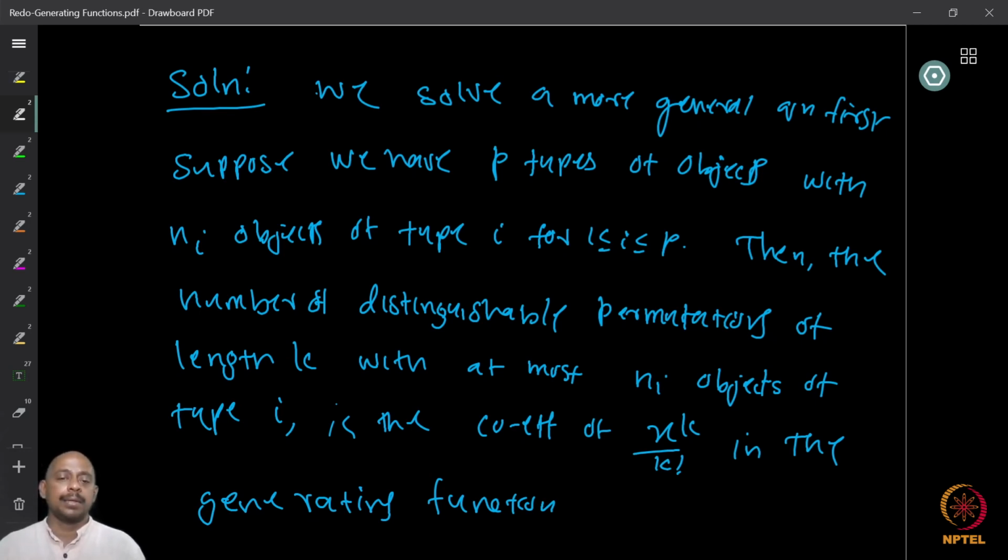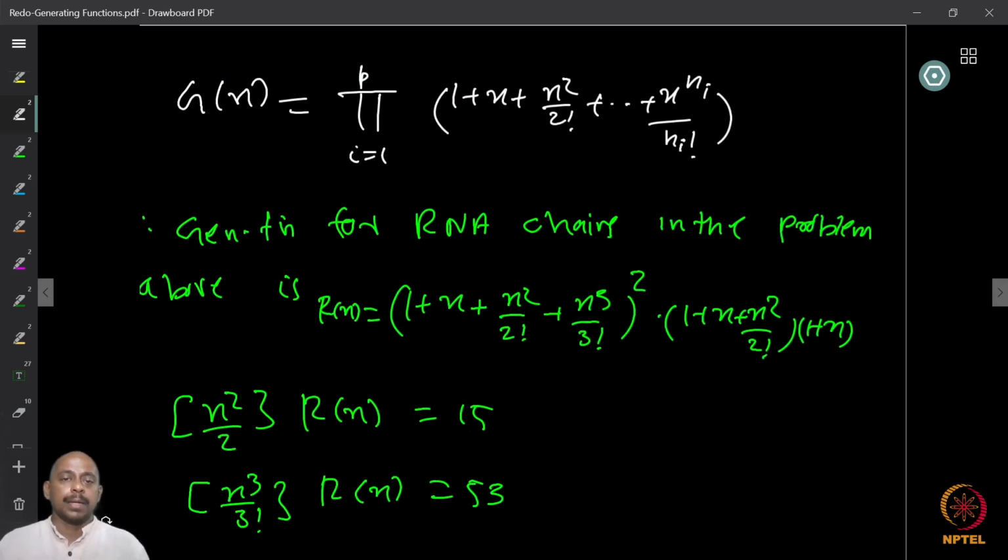So can you guess what the generating function for this is? Think about this for some time before proceeding further. It should be clear, if you have understood how generating functions work, that I can take the product of 1 plus x plus x squared by 2 factorial plus etc., up to x raised to n_i by n_i factorial.